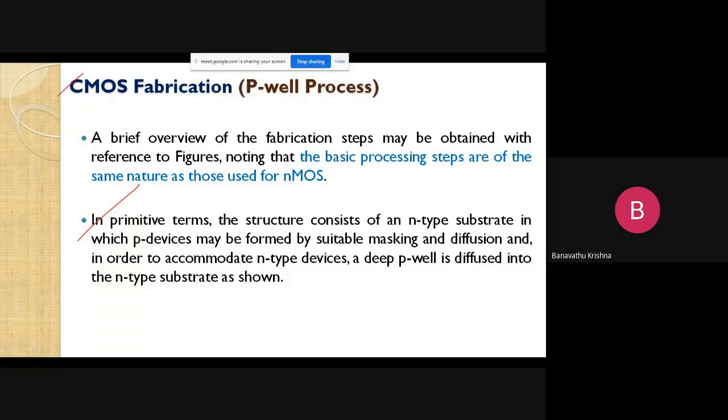Suppose the substrate is N-type, then it is used to develop the PMOS device. So here the structure consists of an N-type substrate in which P-type devices may be formed by suitable masking and diffusion. In order to accommodate N-type devices, a deep P-well is diffused into the N-type substrate.